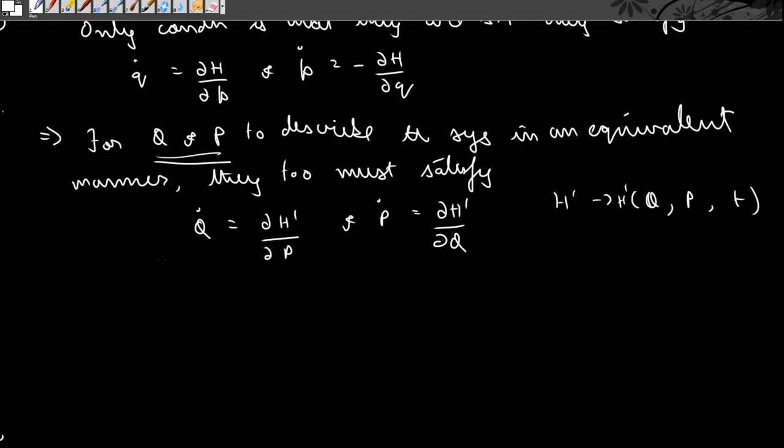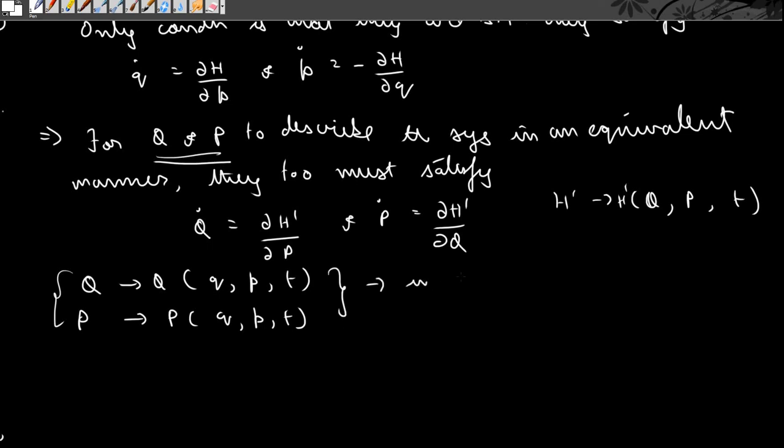Here too our new coordinates Q can be expressed as a function of the old coordinates q, p and t. Similarly, P can be expressed as a function of q, p and t. And once again, in order to represent the system in an equivalent fashion, they must be independent plus invertible.